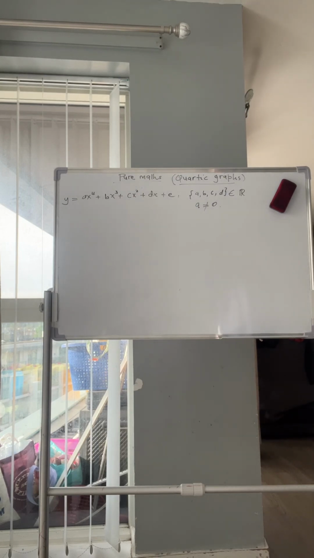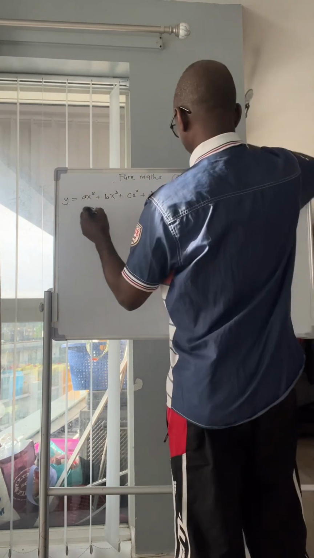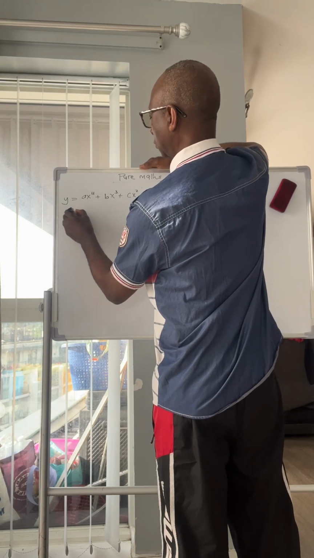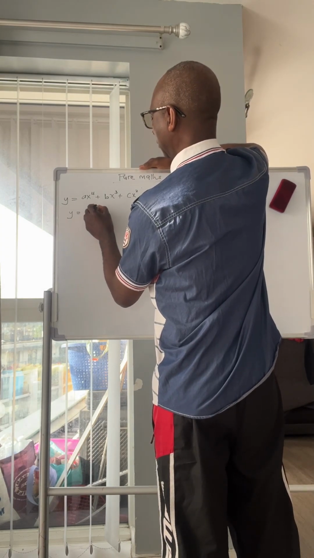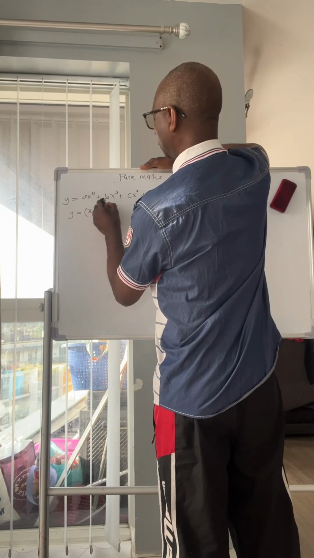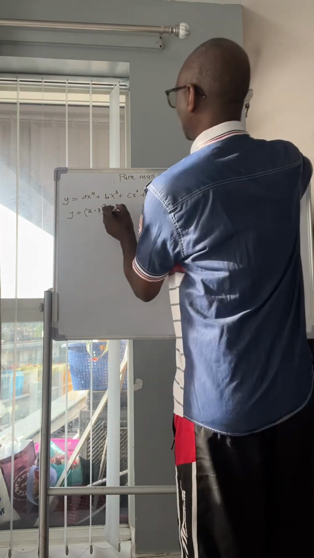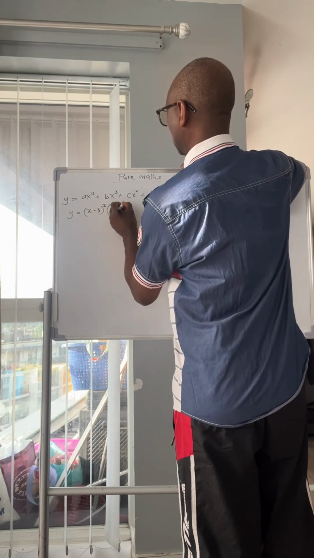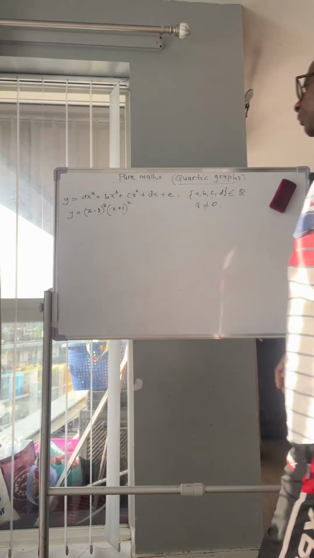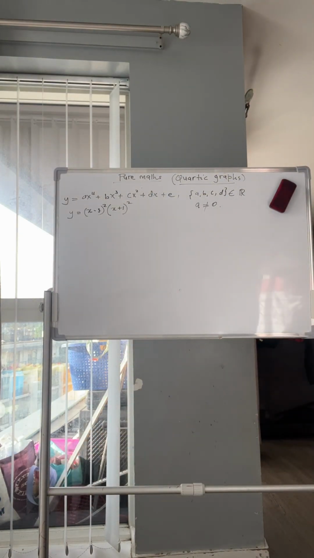Problem number 1: y equals x minus 3 to the power of 2 multiplied by x plus 1 to the power of 2. You are asked to plot or sketch this graph. So how do you go about it?